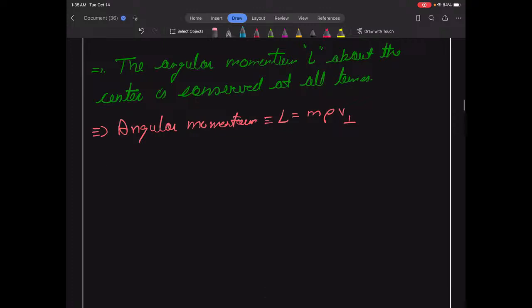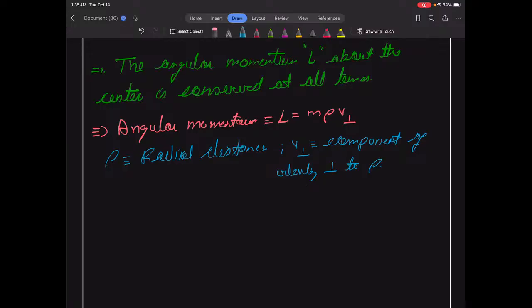Okay. So here rho is our radial distance at any given time, and this V perpendicular is the component of velocity perpendicular to rho.